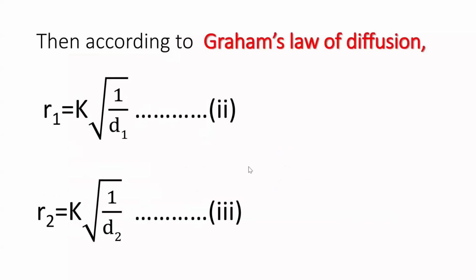You see now, according to Graham's law of diffusion, we have R1 equal to K all over the square root of 1 all over d1. Then we have R2 equal to K times the square root of 1 all over d2.